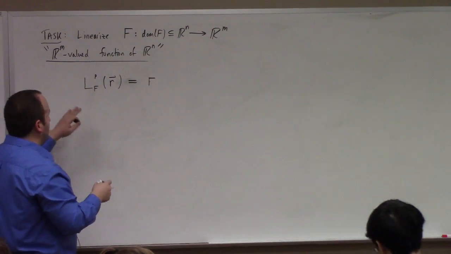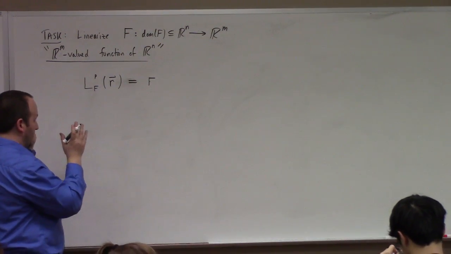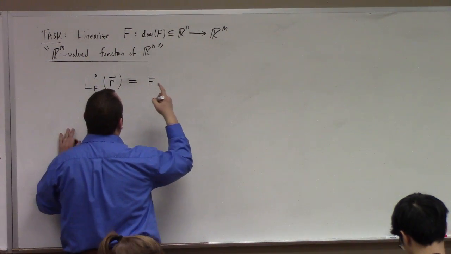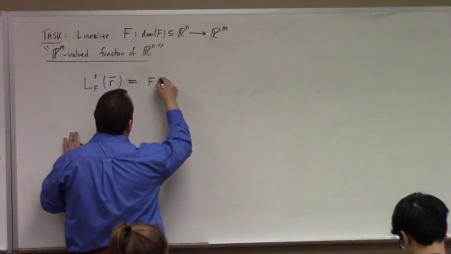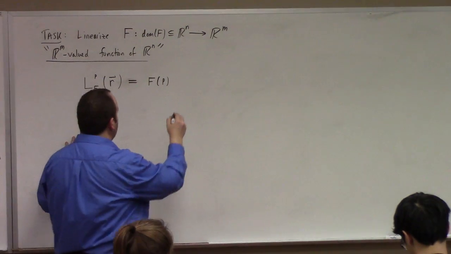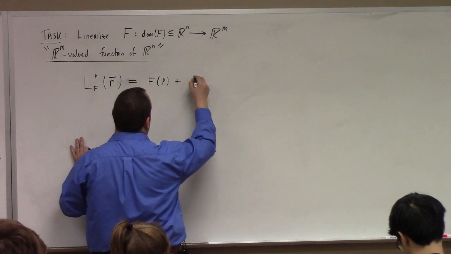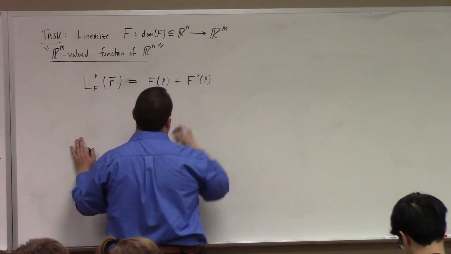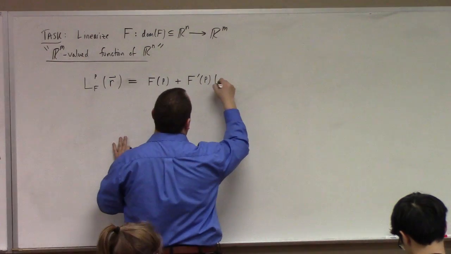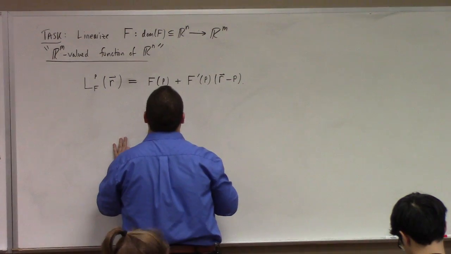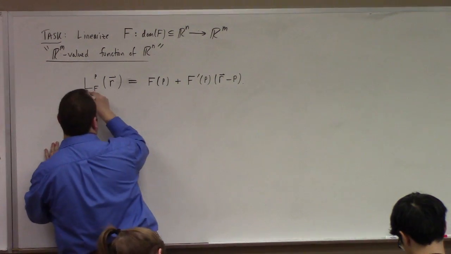So the linearization at the point r is given by: we take the mapping F and evaluate it at the point P, then plus what's called the derivative, F prime of P, times r minus P. Yep, that is it.